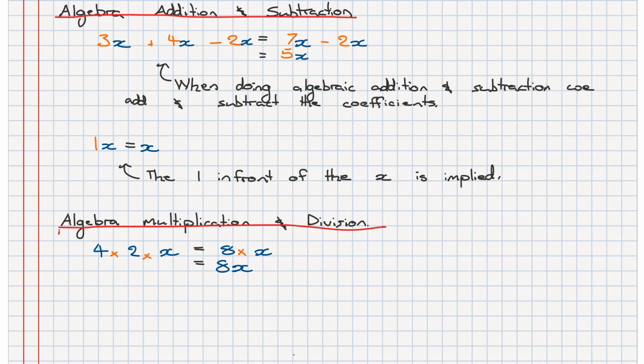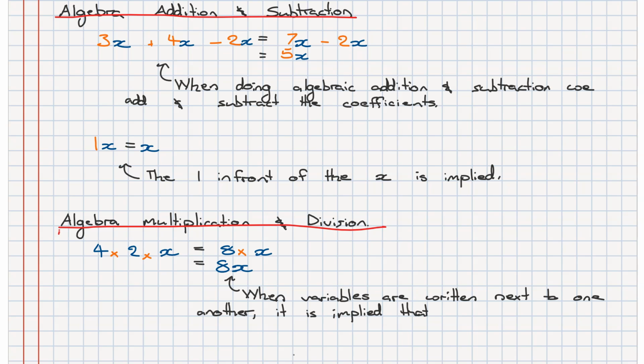So when we have 8 and x together, it is implied multiplication. So just to reiterate, when variables are written next to one another, it is implied that they will be multiplied together.